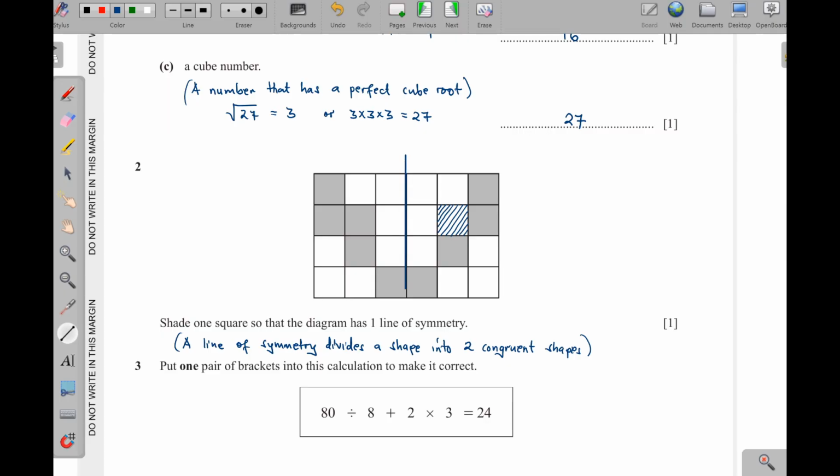Maybe to put a line, I'll put it there. Make it dotted.